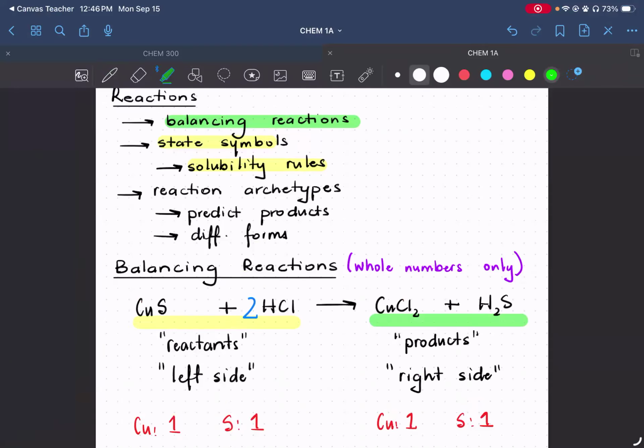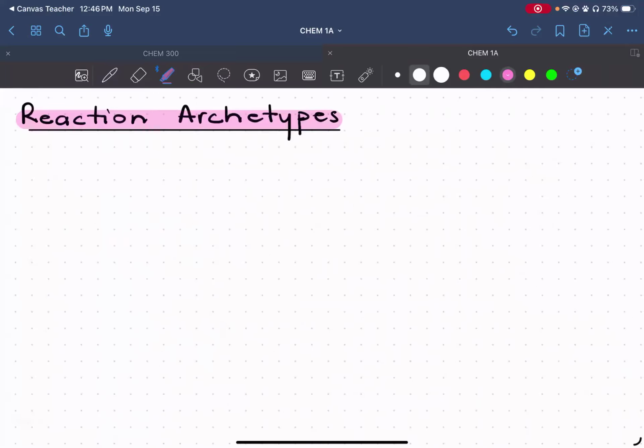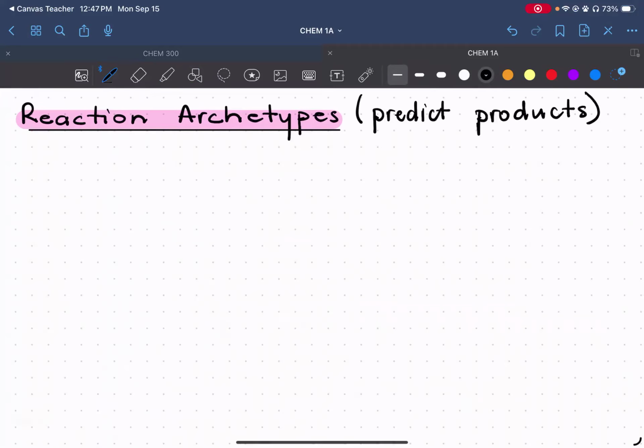Yep. Reaction archetypes is up next. Under reaction archetypes, we'll also learn how to predict products. Meaning, depending on the type of reaction, we'll predict products.